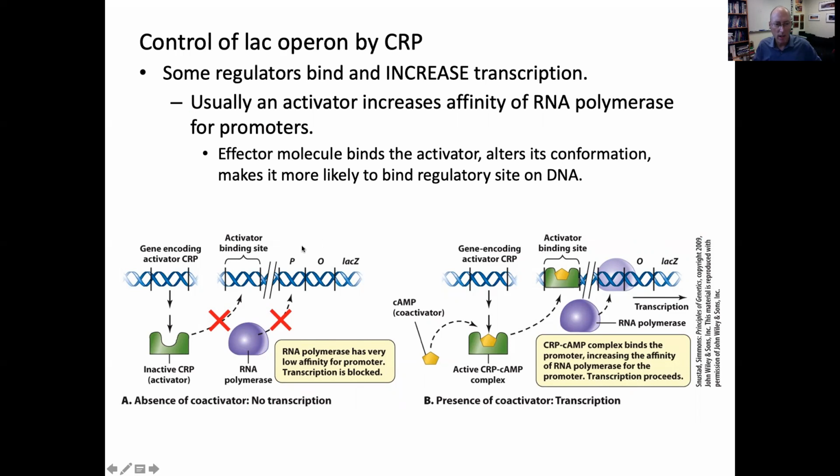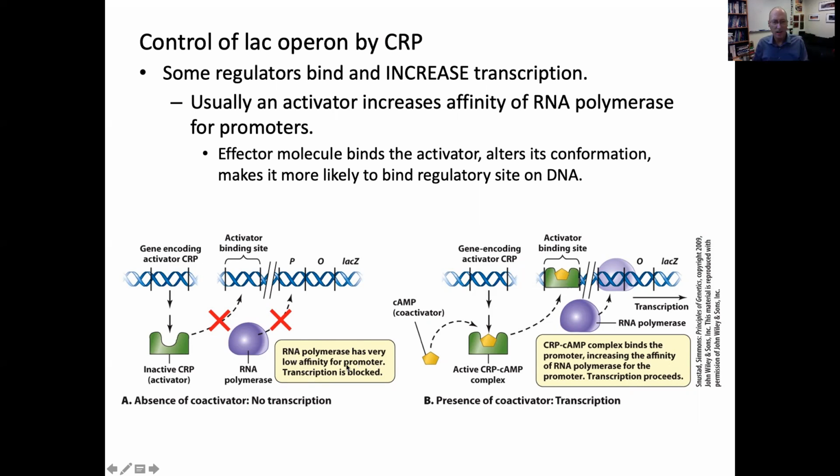Now, the other key point here is that the activator binding site is on the other side of the promoter, right? It's drawn here as upstream. I don't know why they drew these slashes here. It's pretty close to the promoter, and in fact, the activator will physically bind to the RNA polymerase to support its ability to bind to the promoter, right? So I don't like this drawing, but this is the drawing they have in your book.